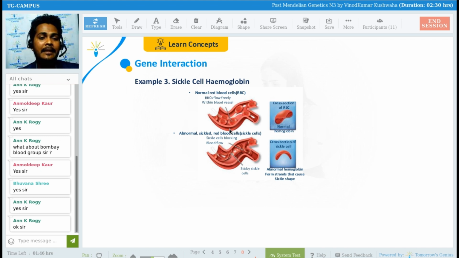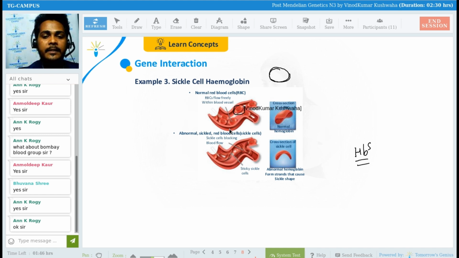A person suffering from sickle cell anemia has sickle cell hemoglobin, which is represented by HbS. You can see this is the normal blood cell, a complete circle, and RBCs flow freely within the blood vessels because these are normal blood cells.